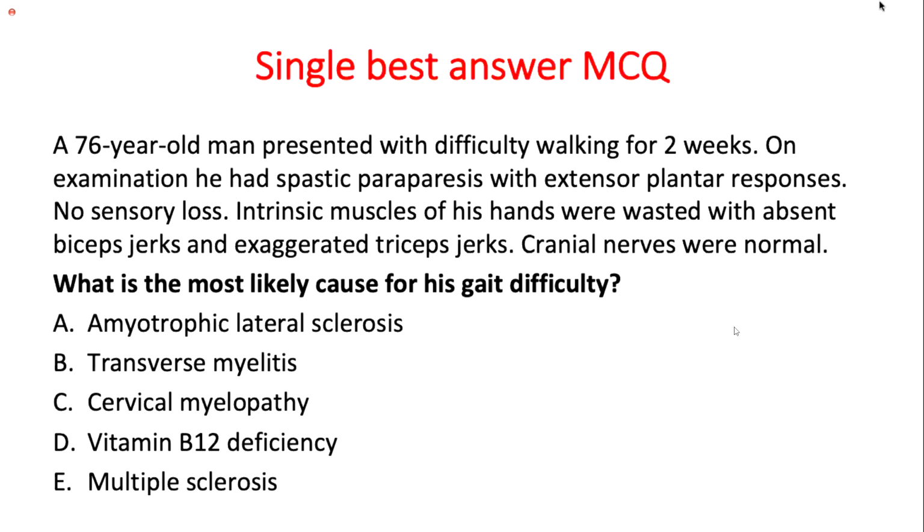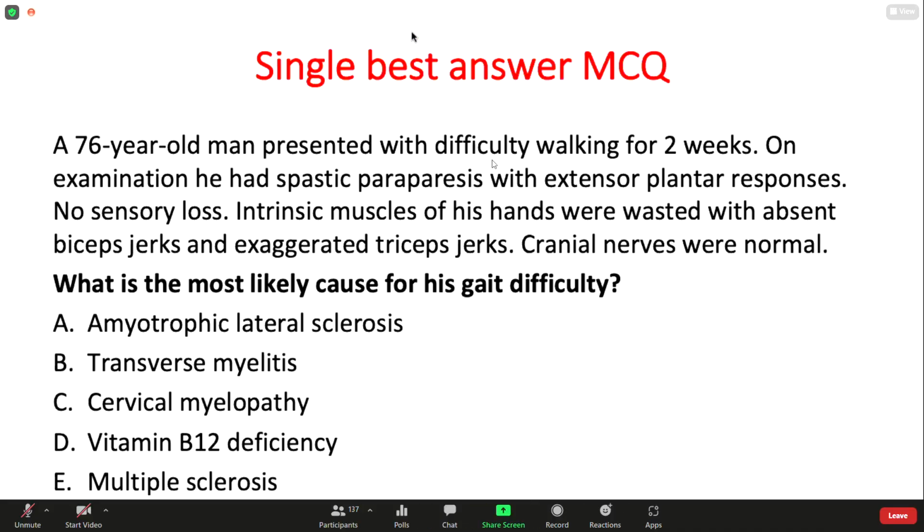Okay, we will end with this single best answer MCQ to see whether you have understood what I have taught you. So you can read this question and answer the SBA. I will put the poll up for you. You can move the poll out of the way.